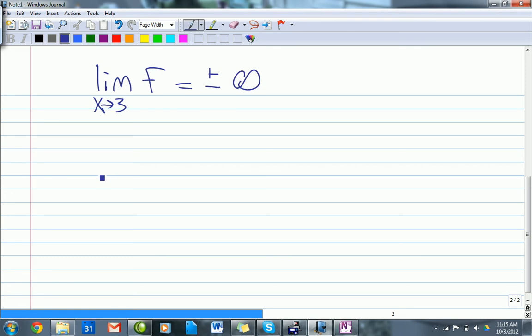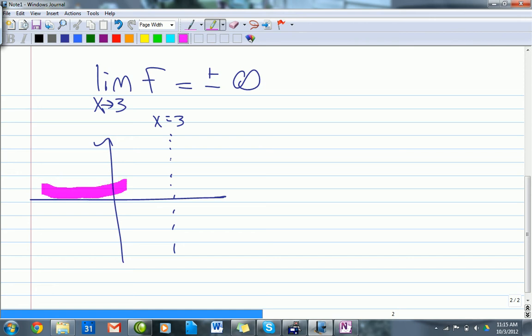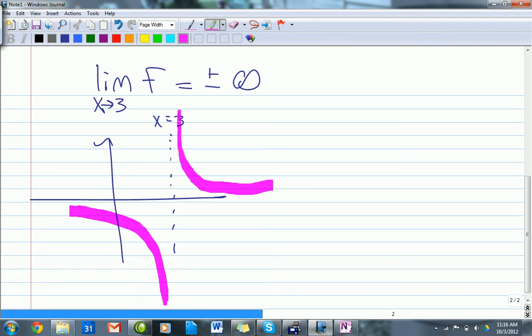To redraw that graph, here's 3, the vertical asymptote. What's happening to our function as we get close to 3 is, from the left, we're going down. So our left-hand limit is negative infinity, but from the right of 3, our limit is positive infinity.